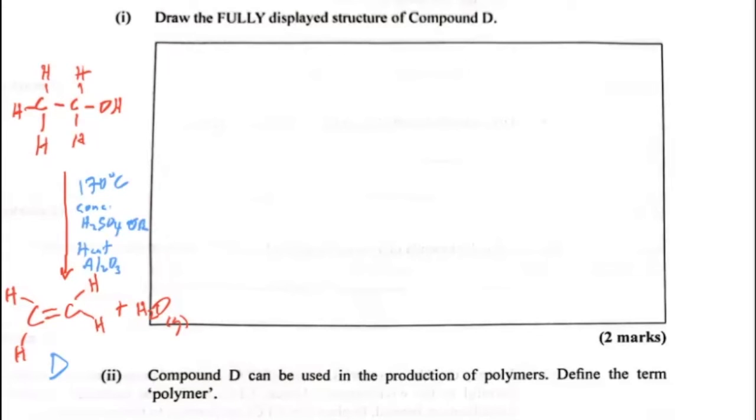So the only way that they could ask us to state what kind of polymerization compound D takes part in is if part 1 or the preamble changes.